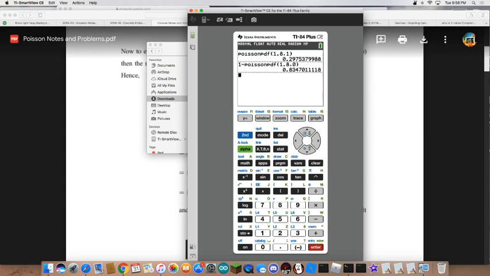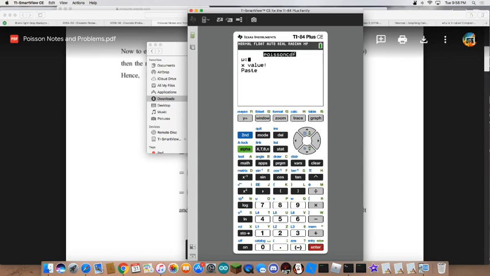And just last but not least, we have the cumulative distribution function. Remember, with binomial cumulative and the Poisson cumulative distribution functions, it shows you x less than or equal to a desired value. So if I do cumulative, it still asks for the mean.